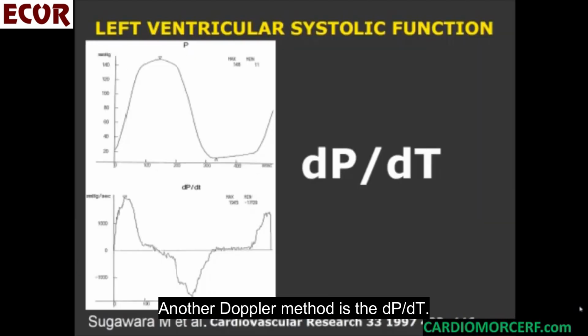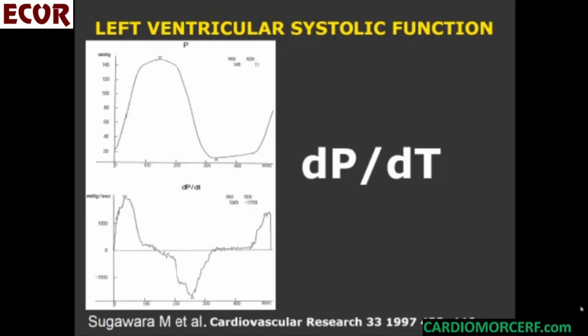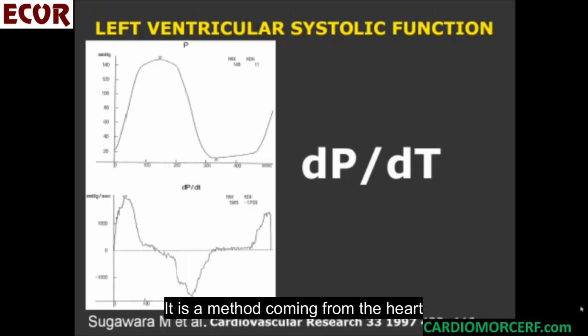Another Doppler method is the dP/dt. What is it? It is a method coming from heart catheterization to analyze left ventricular function by measuring the maximal instantaneous velocity of the left ventricular pressure increase.